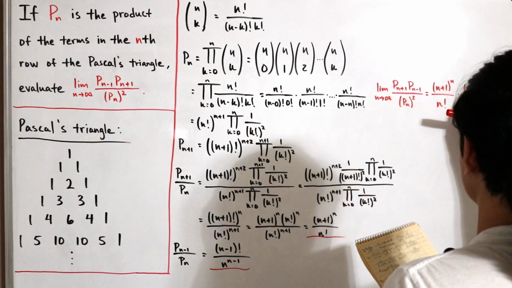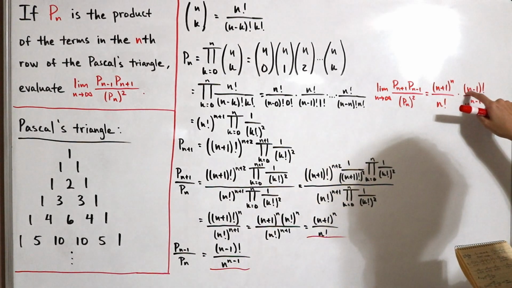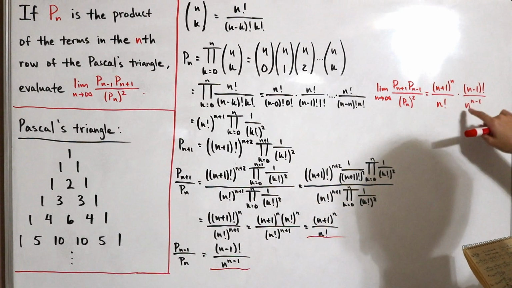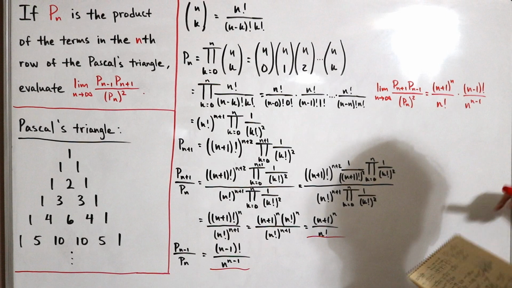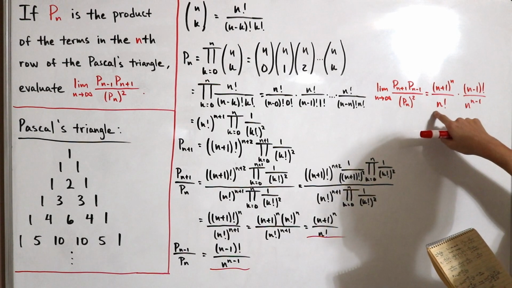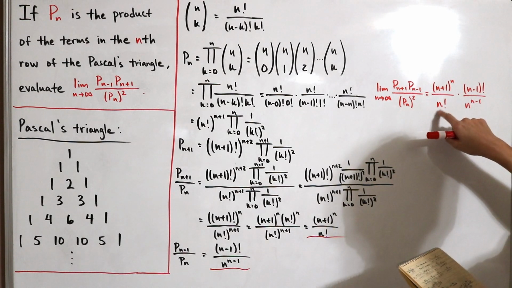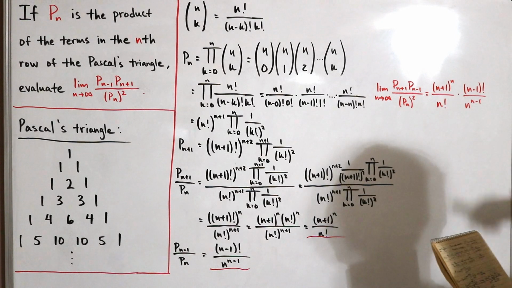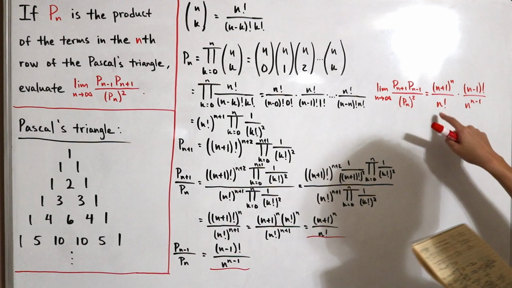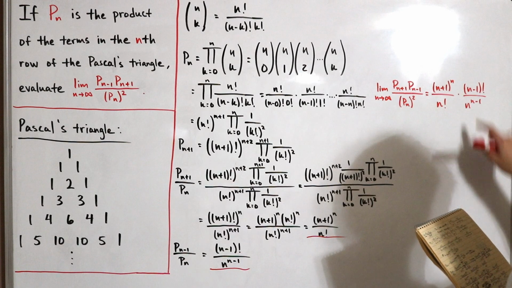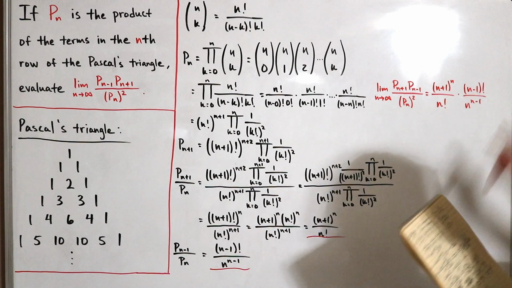What you'll notice is that when you expand n factorial, it's n times n minus 1 times n minus 2, in other words n times n minus 1 factorial, so the n minus 1 factorials just cancel each other out.